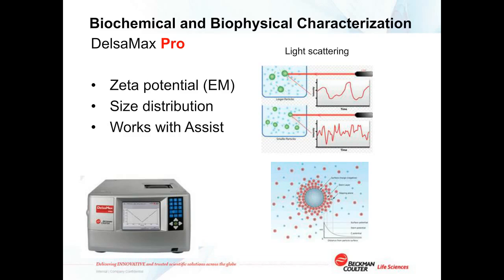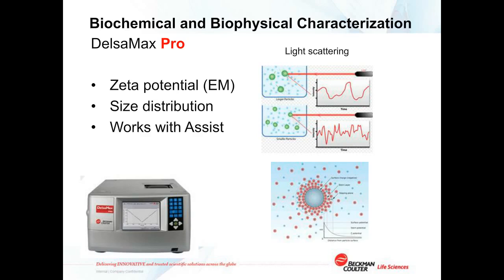With the ASSIST, it actually pressurizes the flow cell so that the bubbles don't form, and therefore you can measure the zeta potential, or the charge state of the particles, in cases where you typically can't.